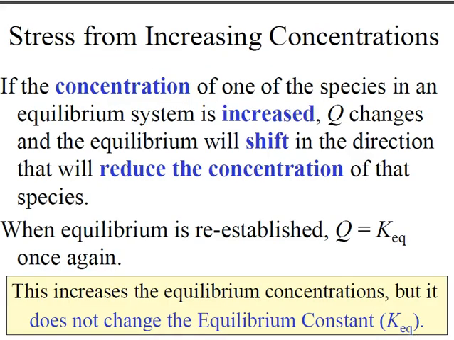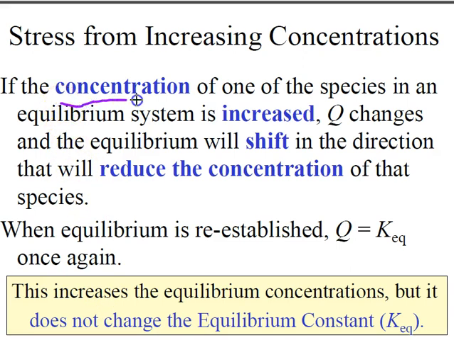All right? Another stress is increasing concentration. If the concentration of one of the species in an equilibrium is increased, so let's say you add some reactants, well, now you're going to have too many of those. So when you do that, you're going to shift to reduce the concentration of that species.